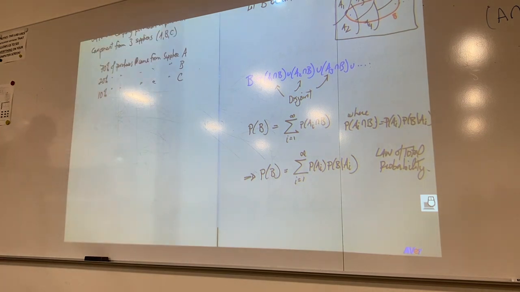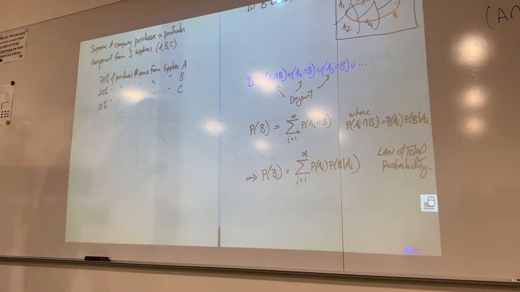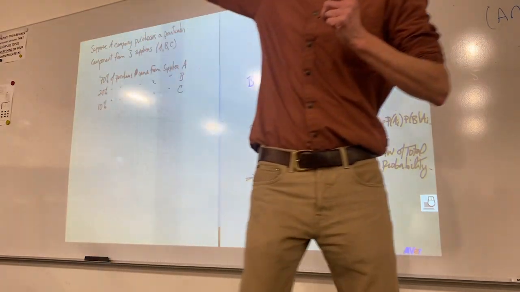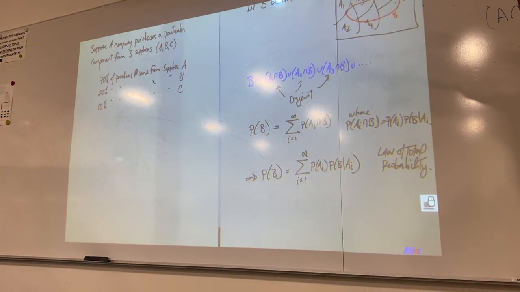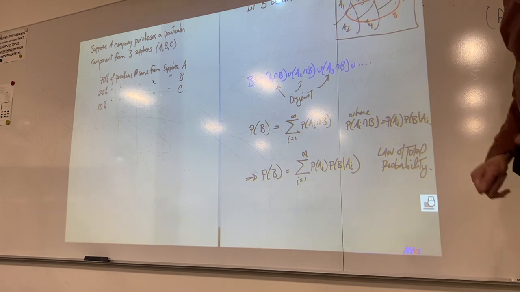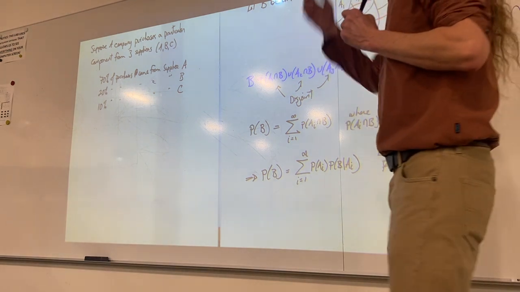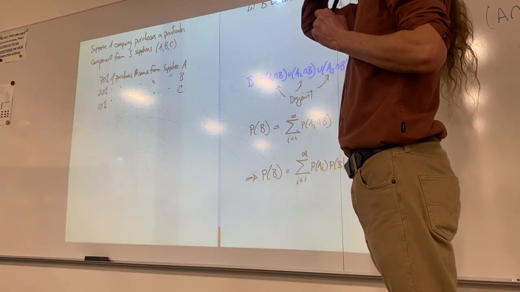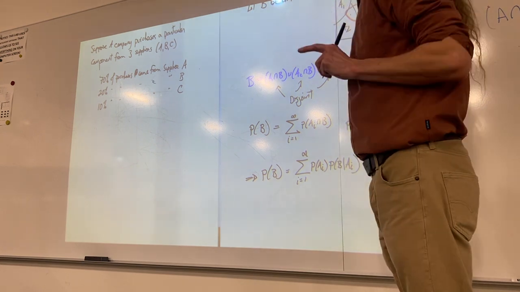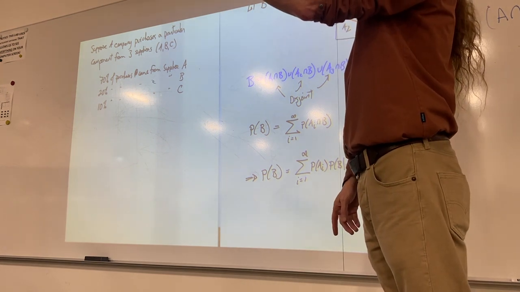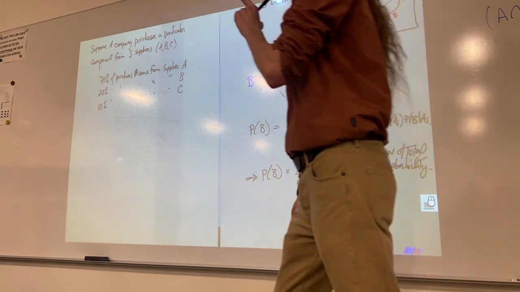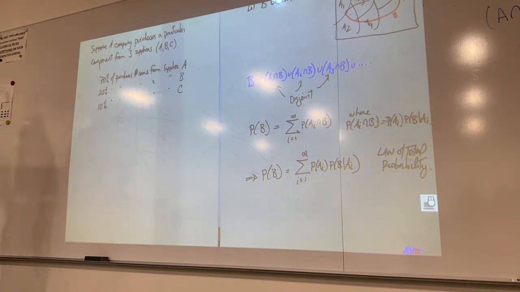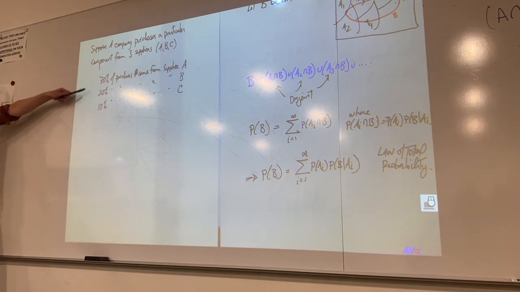Now, the money here is I just partitioned all the components I have in stock based on where they came from. I know this probably goes without saying, but for a partition to be a partition, the sum of all of them should be 1. That's right, because the union has to achieve what? The whole sample space again. Yes, exactly right. You see that these are disjoint.